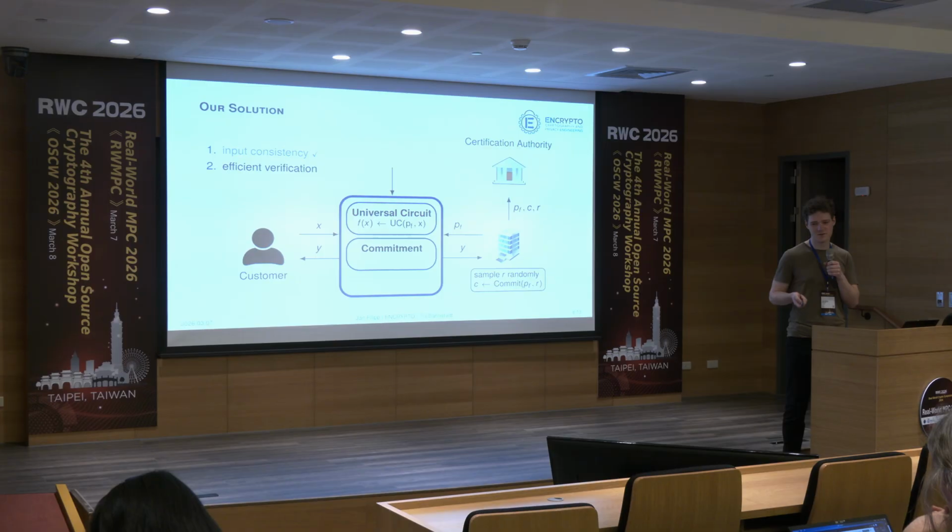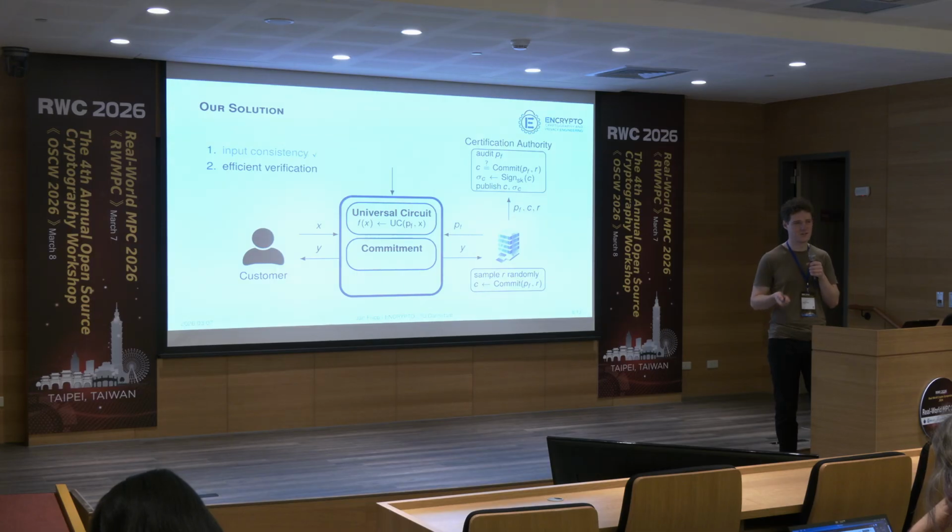This then enables the CA to check, first of all, does the function satisfy our requirements? Then is the commitment really a commitment to this provided programming bits? And if so, it might sign the commitment and publishes it.